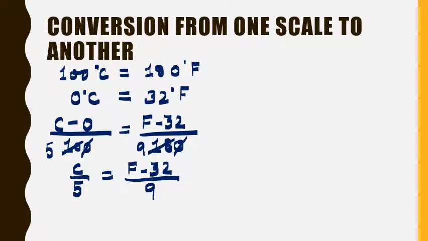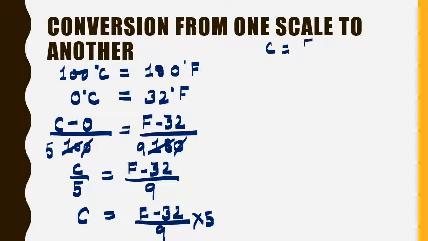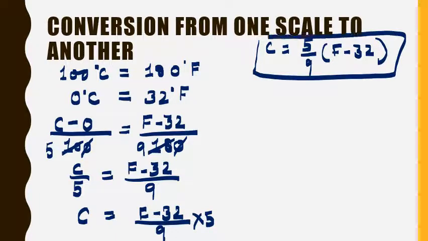So we will find out what will be C. So we can write it as C is equal to (F minus 32) upon 9 into 5. Or to make it more clear, we can write it as 5 by 9 into (F minus 32). So this is the formula to convert a temperature from degree Fahrenheit to degree Celsius.